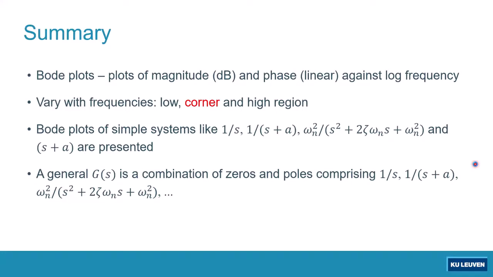Both plots of simple systems like the ones that we have already mentioned before have been presented. A general transfer function basically is a combination of zeros and poles comprising simpler transfer functions of systems.